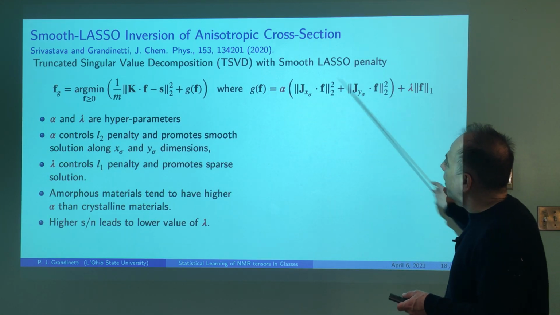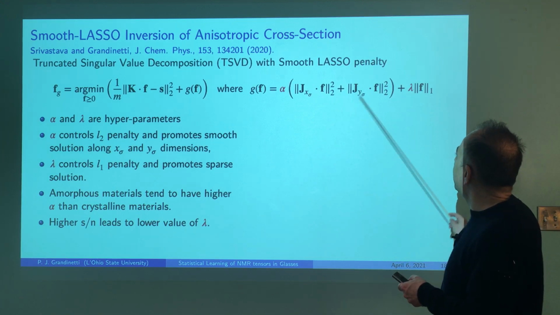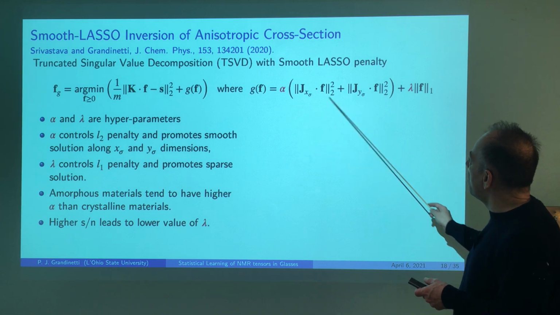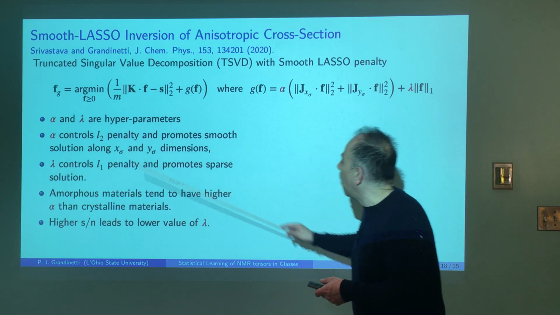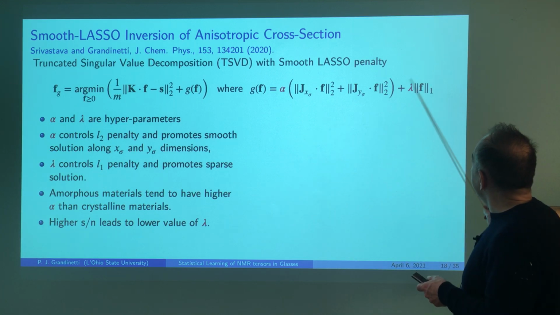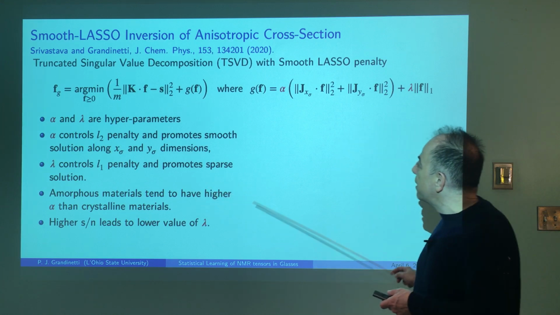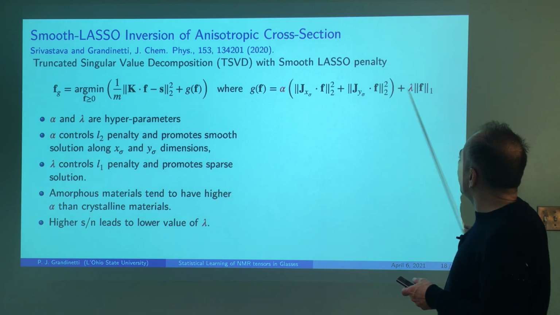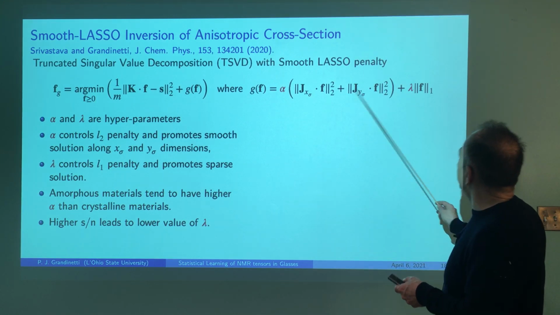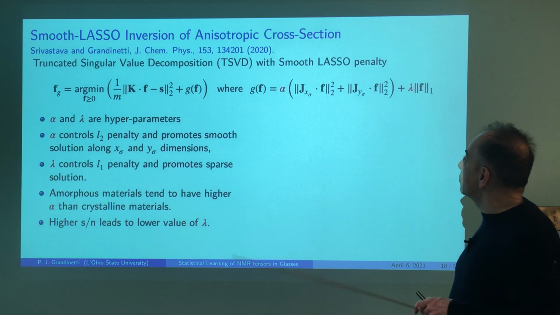This term here, which is called an L2 penalty, controls the smoothness along the x and y dimensions, and it promotes smoothness along those dimensions. And this term here will promote sparsity in the whole solution. There are two hyperparameters here, alpha and lambda, and tuning those parameters will tune the amount of smoothing or the amount of sparseness that you're looking for in your solution.